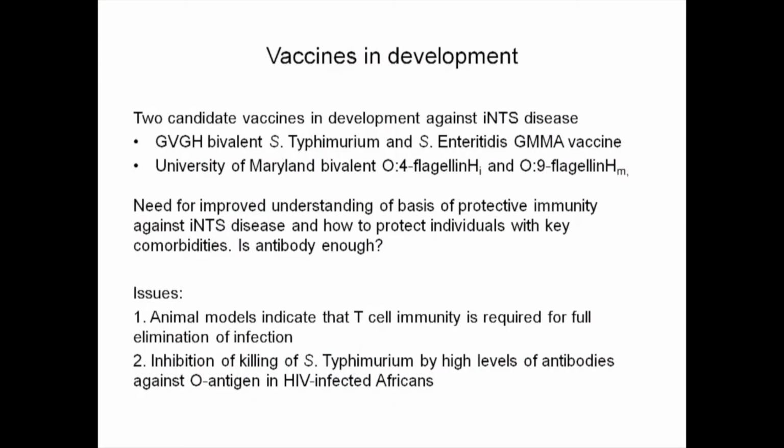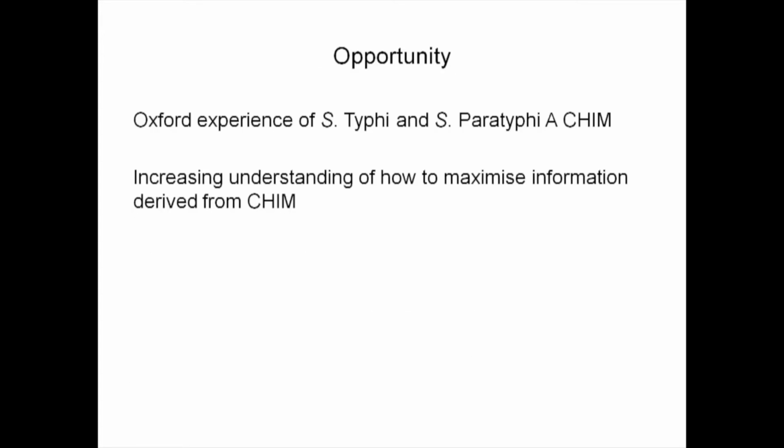So animal models indicate that T-cell immunity is required for full elimination, and perhaps studies from HIV infections support that as well. And then we've also got just this issue of inhibitory antibodies as well. So a lot of questions that perhaps a model of NTS could provide some accelerated answers to, and to at least increase our knowledge and understanding.